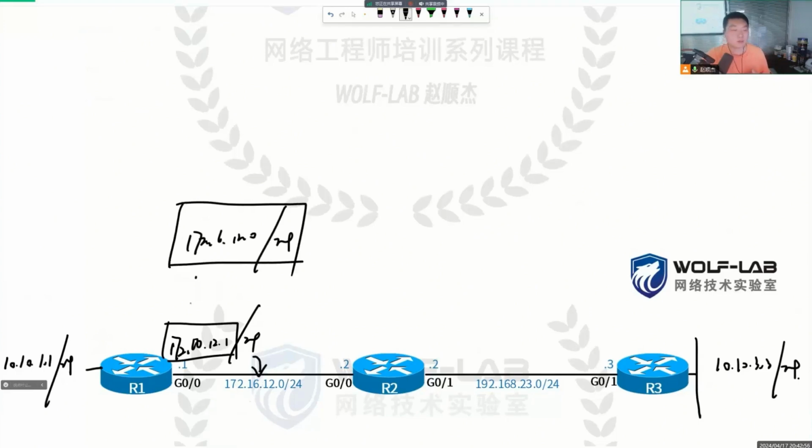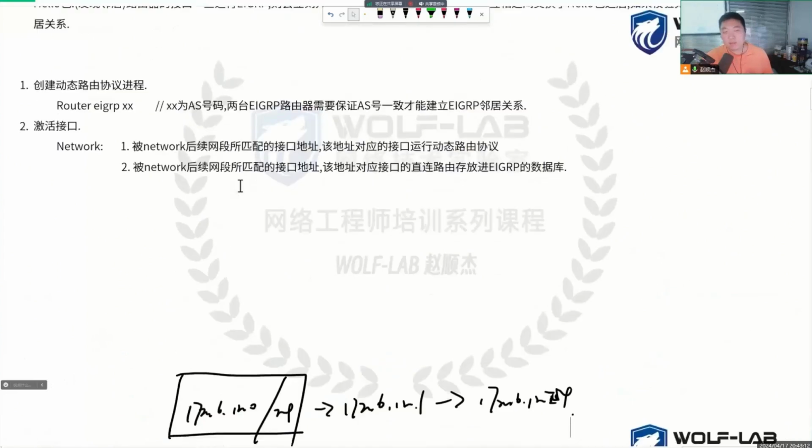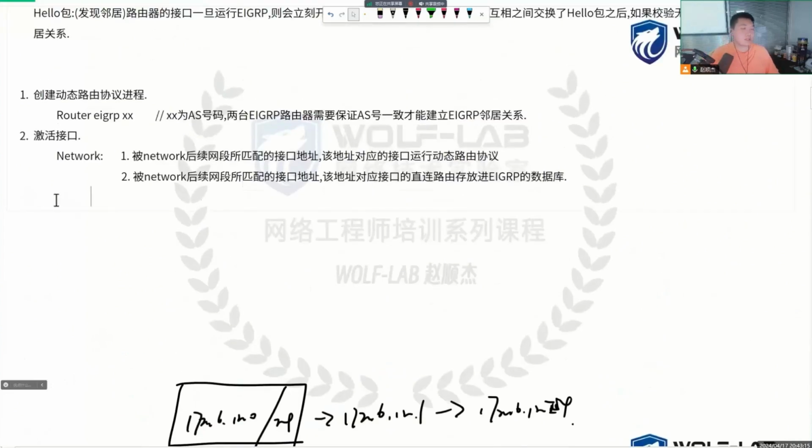So our first scheme to run EIGRP is called positive mask declaration. Very simple. By using the network command line, match the network number of the subnet to which the interface belongs, and the normal subnet mask. So the network command line matches such a network number, and the subnet mask matches such a network segment, and the interface address on our device matched by the network segment lets the interface run EIGRP.